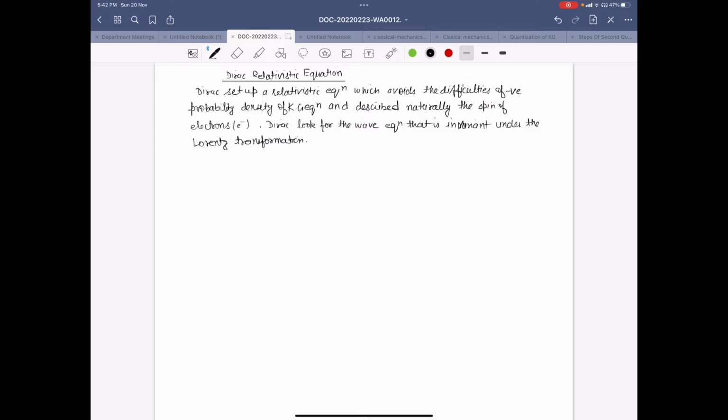So we write down, to avoid negative probability density, this equation should be linear in time.